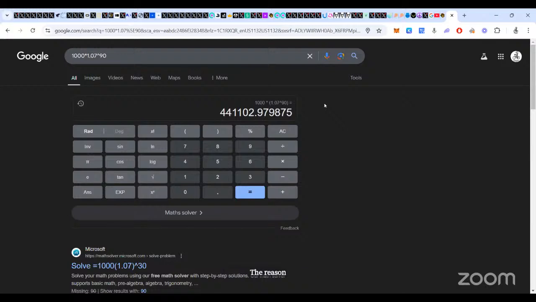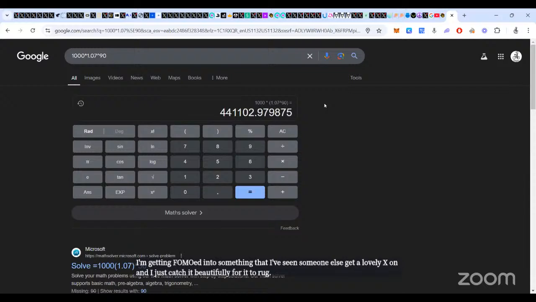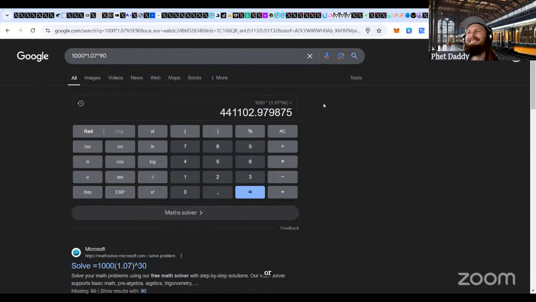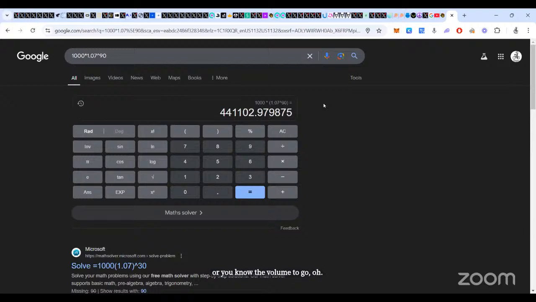The reason I haven't achieved that is time in the market so that you actually get that 7%, but also because certainly up until reasonably recently, I'm taking silly losses. I'm getting FOMO'd into something that I've seen someone else get a lovely X on, and I catch it beautifully for it to rug. Or the volumes go, or it's gone down and I get out because it's gone out the bottom of my range.